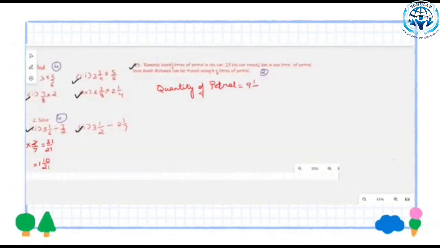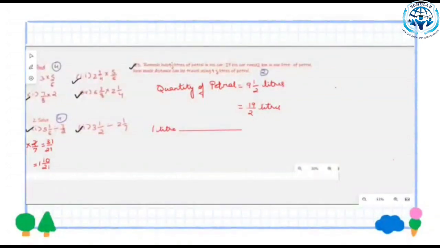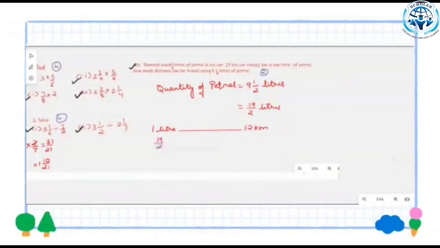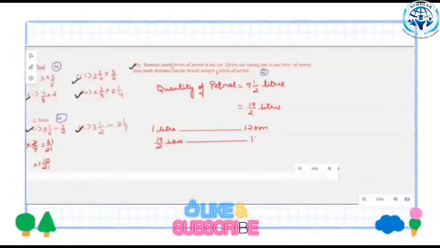Now the last question. The total quantity of petrol Ramesh has in his car is 9 1 by 2, that means 9.5 liters. His car gives an average of 12 kilometers in 1 liter. So how much will it travel in 9 1 by 2 or 19 by 2 liters? 1 liter, 12 kilometers, so 19 by 2 liters will be equal to 12 upon 1 into 19 by 2.